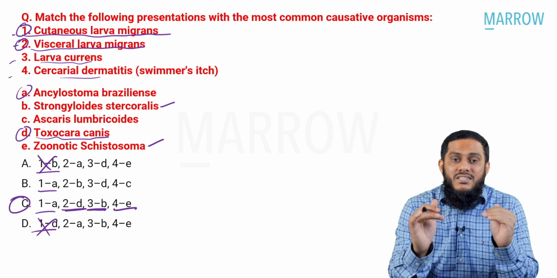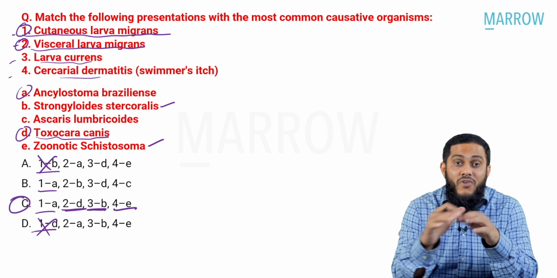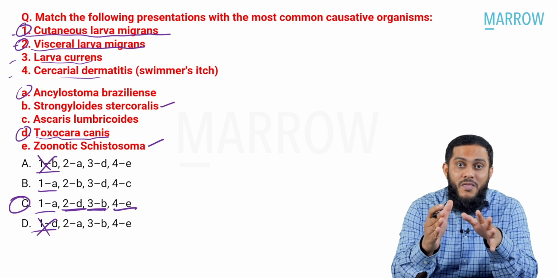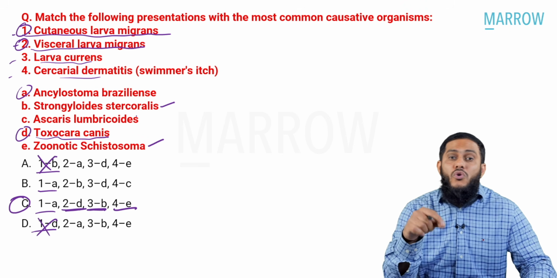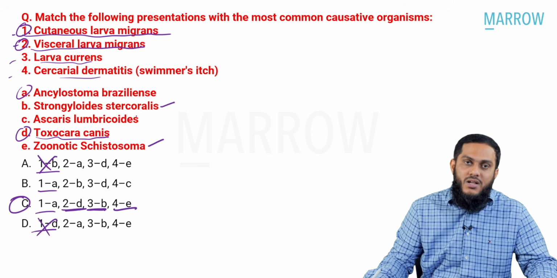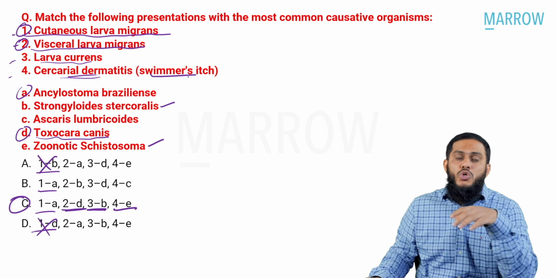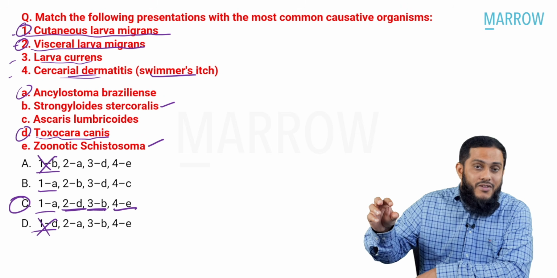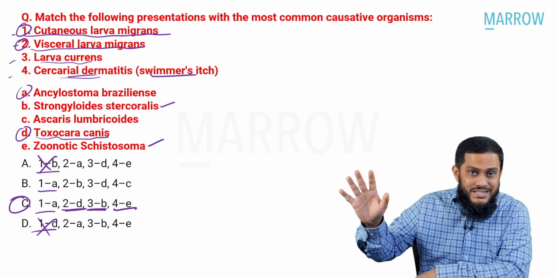Larva currens is nothing but fast larva migrans; the slow one is the other. Fast larva migrans is the larva currens you see with Strongyloides. Cercarial dermatitis is known as swimmer's itch. That is Schistosoma. Schistosoma is usually acquired from infection by larvae, the infective form, present in water.